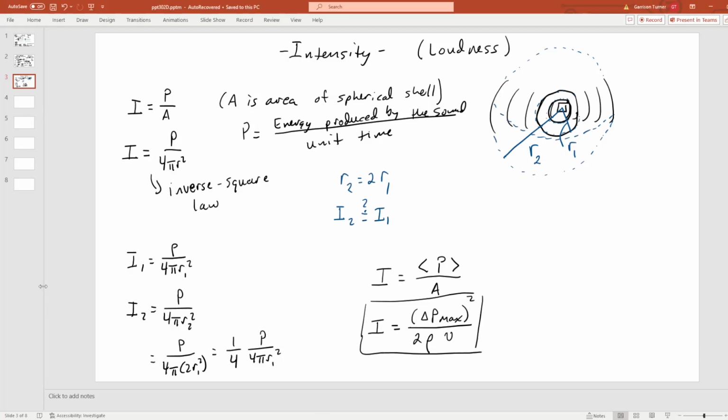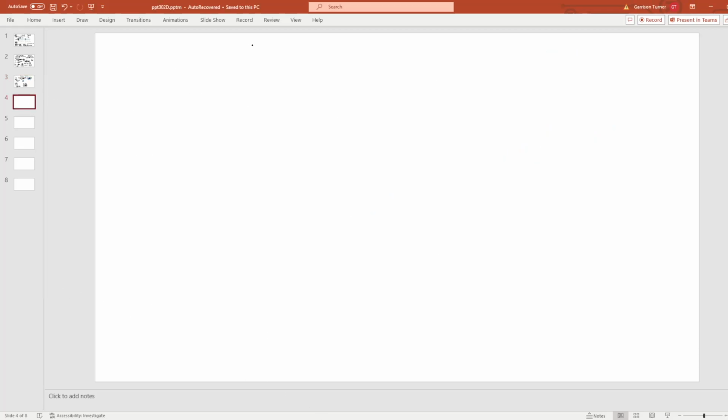Now, how do humans measure sound intensity? We have found it convenient to measure sound intensity using what we call the decibel scale. Okay? And we denote the decibel level of a sound by the symbol beta.